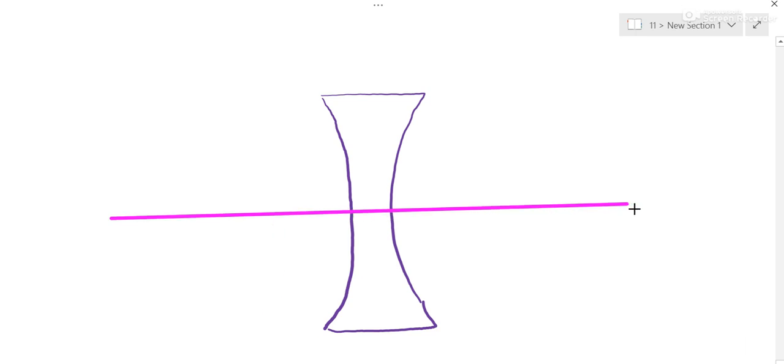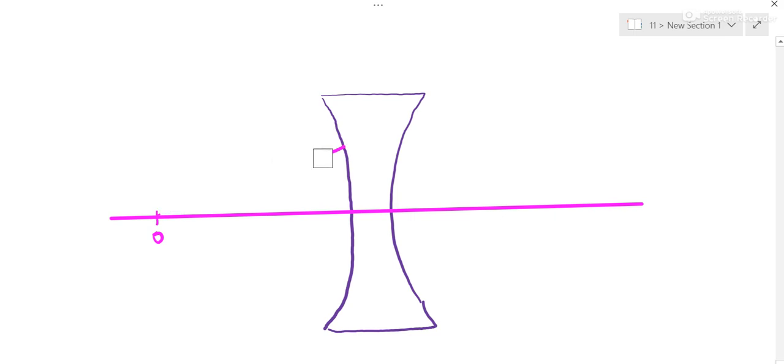Let us practice the diagram once more. Draw a proper concave lens. Draw the principal axis. Draw the object's first ray up to the first surface.